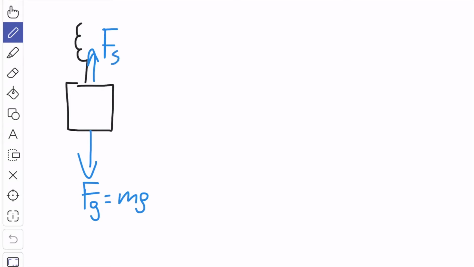So, as always, we start with a free body diagram, very important. He then goes on within that free body diagram to set up Newton's laws. Again, as I've been telling you all year long, Newton's laws are extremely important. So here we go.